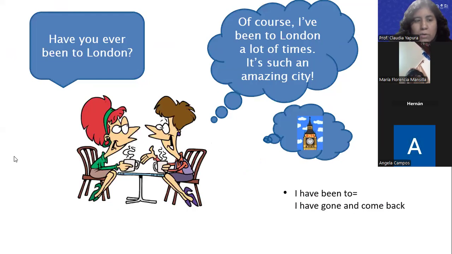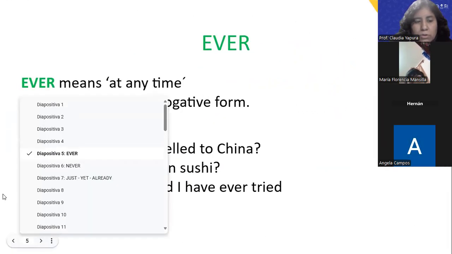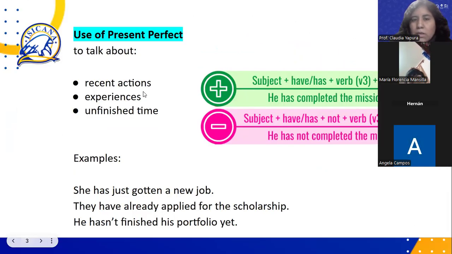How are we going to form the present perfect? We have the subject, have or has according to the subject, remember, and the verb, which is the third column of the verbs. If you have an irregular verb, it is the third column, what we call the past participle, and then the object.